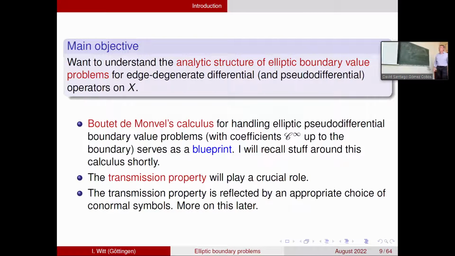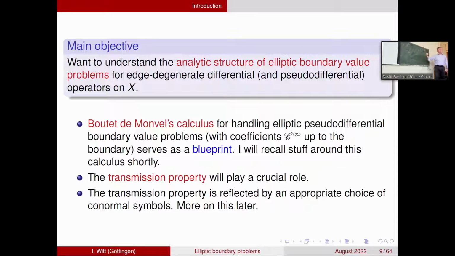Okay, so what is now the main objective? We want to understand the analytic structure of elliptic boundary problems in that category. I don't care that much about specific problems. If you have a general theory and you have a specific problem, you just need to check the conditions. And our guiding example is the pseudodifferential calculus for dealing with boundary problems, where the coefficients are smooth up to the boundary.